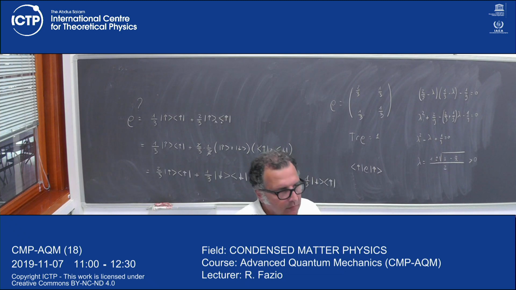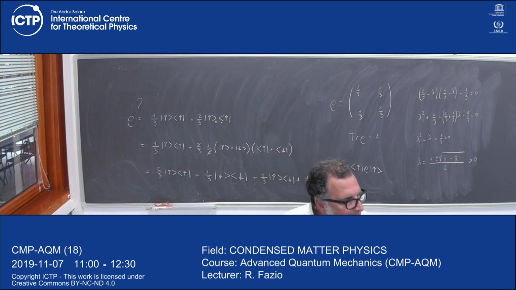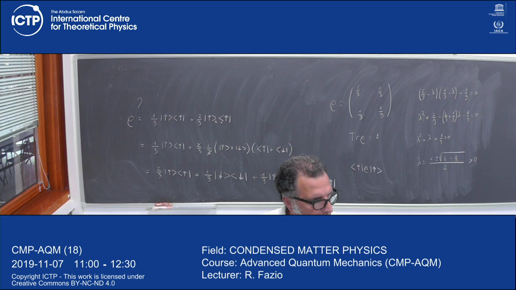Which is related to the essential normalization. Okay? So the question is, I have a certain observable, for instance sigma z, and I have some eigenstates of this observable.